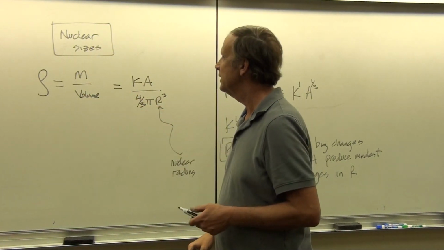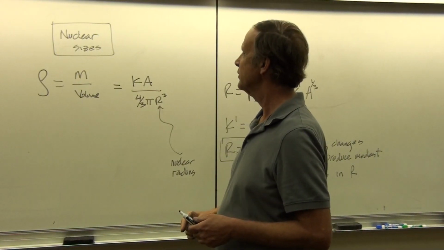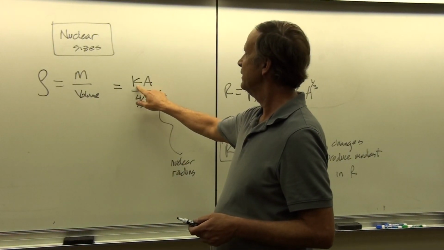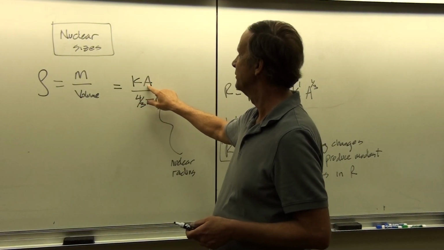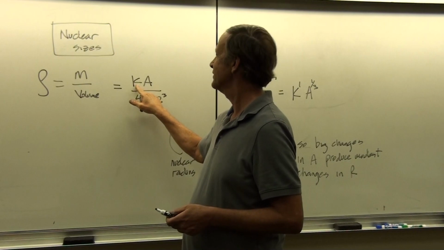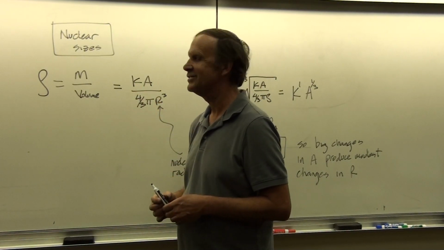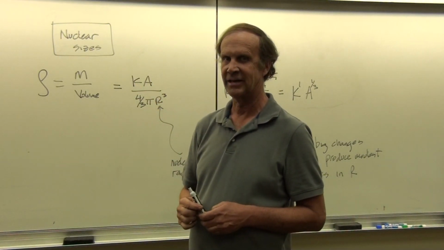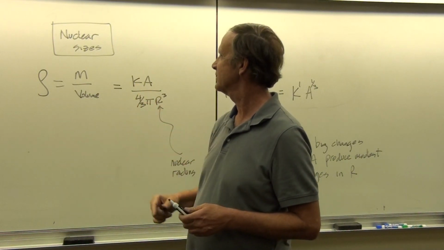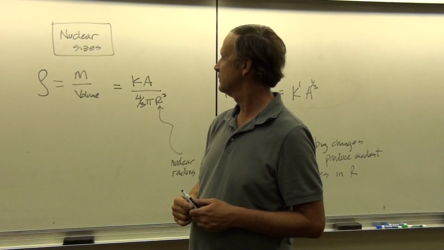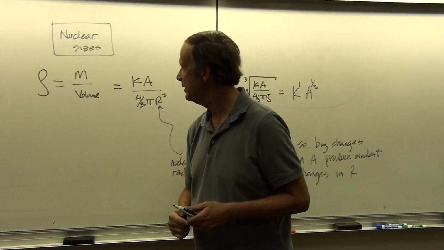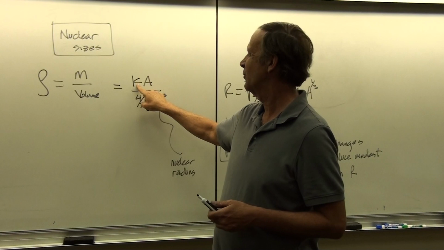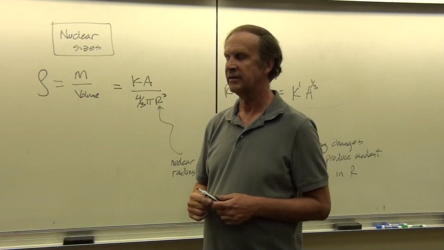If we assume that this is a uniform sphere, then the mass is proportional to the atomic mass number, and this k value would essentially be a mu value. It would be like the mass of either a proton or a neutron. So k here would be about 1.67 times 10 to the minus 27.